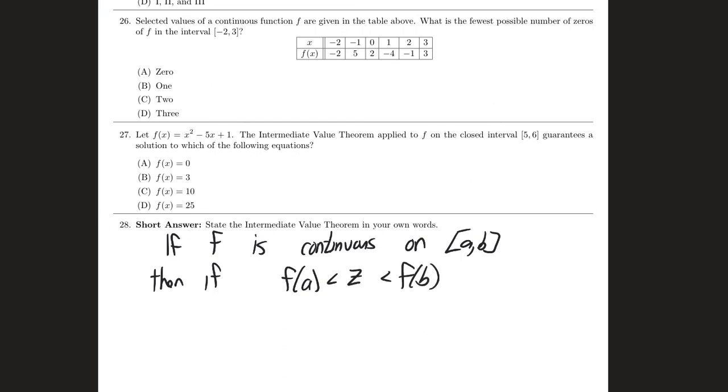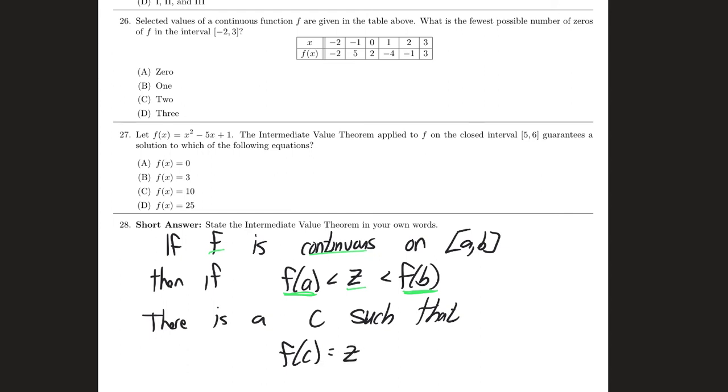All right, so my function is continuous, and there's some number that's in between my outputs, in between my y values at the start of the interval, at the end of the interval. Then the intermediate value theorem says there is a c such that f of c equals z.